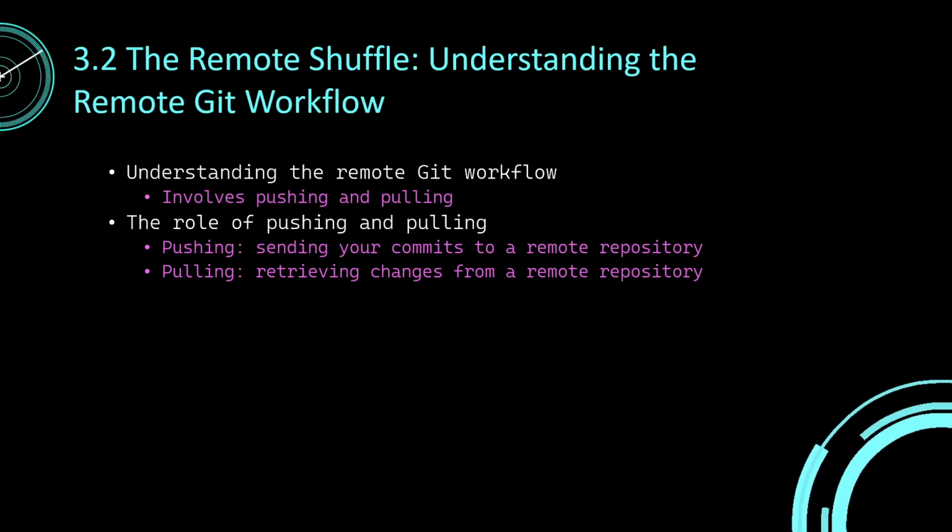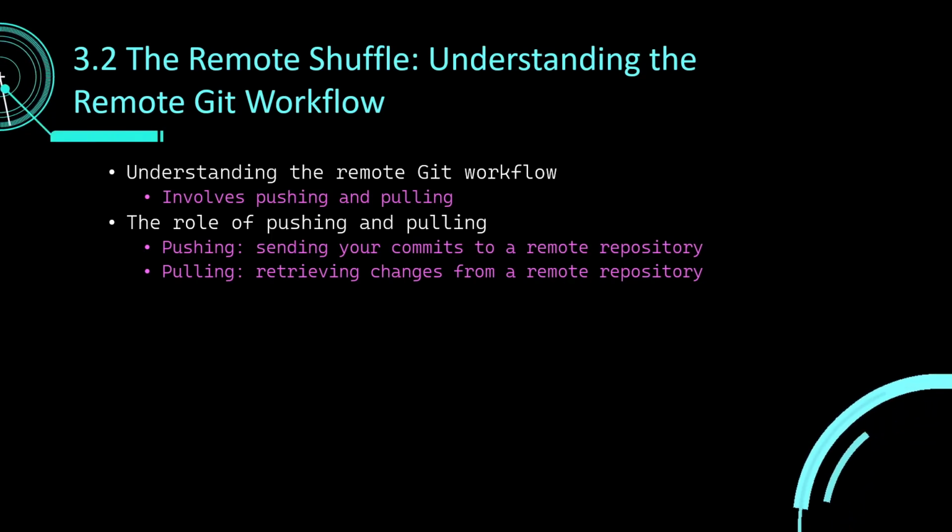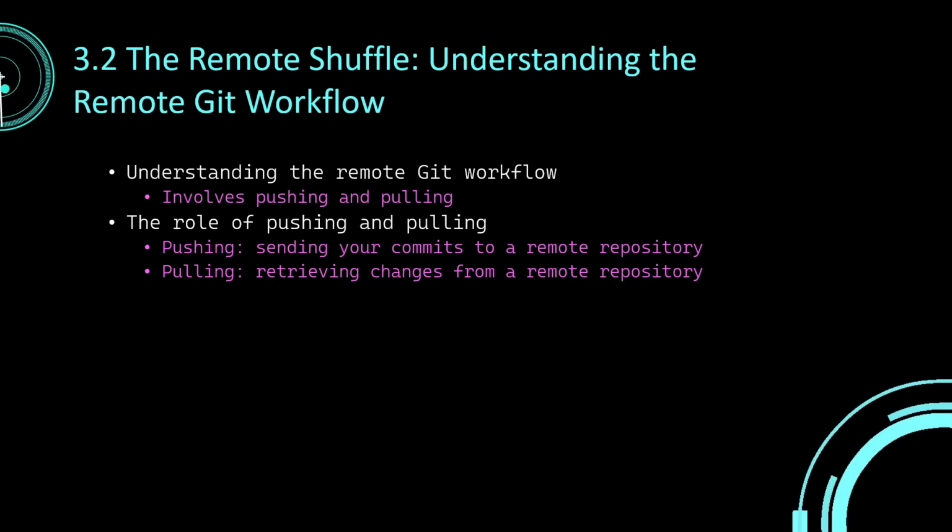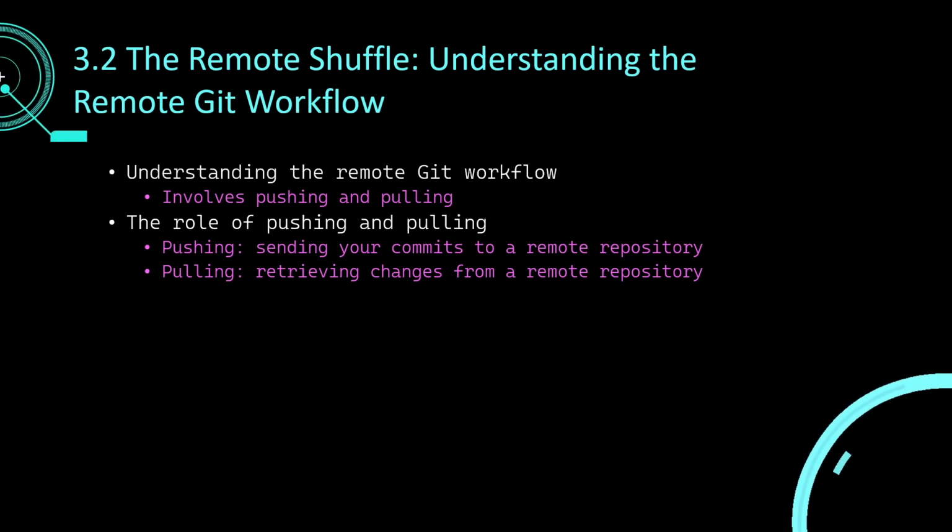There might be times where you want to push to the remote origin quite often. There's other times where you don't want to push any code up until it's completely ready or it's not ready to be seen, etc. So there are some big decisions that we need to make with pushing and pulling. Sometimes pulling a change from a remote repository might not be a good idea until you finish what you're doing. Again, this will all come down to the nuances of the actual project and the task. But just know that if we're not using this pushing and pulling mechanism, we are essentially just working in a local folder.